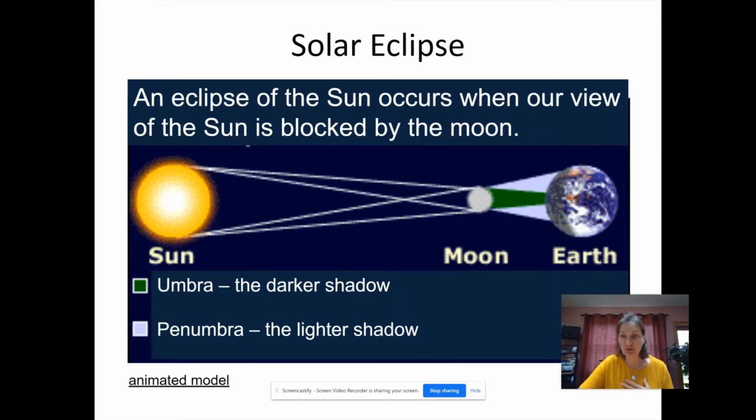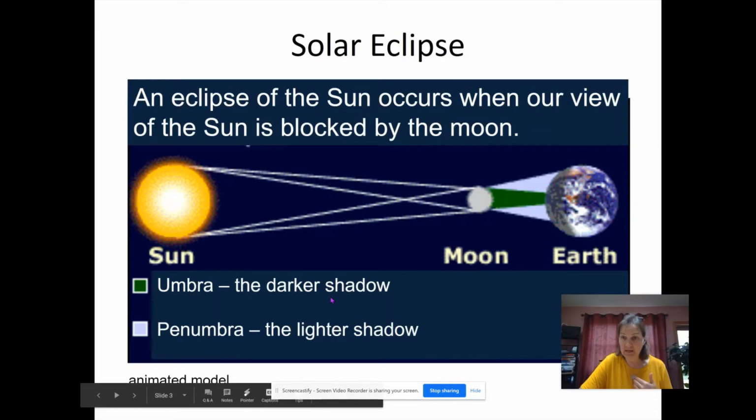I have two other vocab words up here, umbra and penumbra. Those are terms used for the darkness of the shadow. I don't know if you've ever gone out at night with a street lamp shining down. There's some areas where the light is very bright, and other areas not so much. Or sometimes you see an overlap of the light.